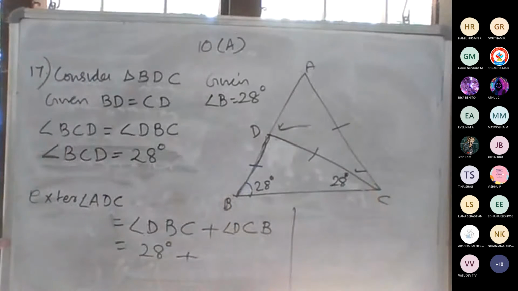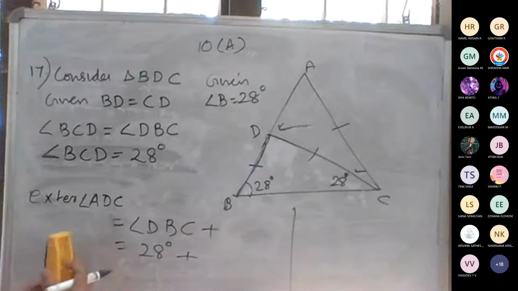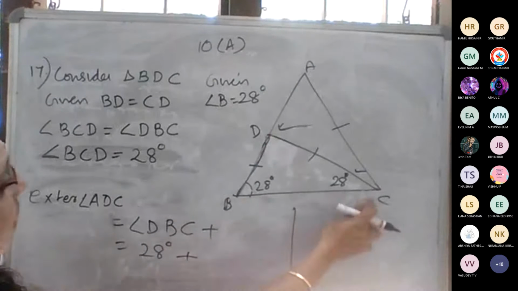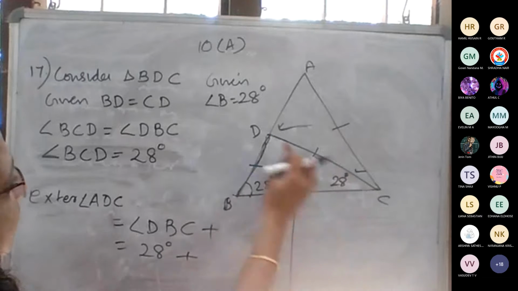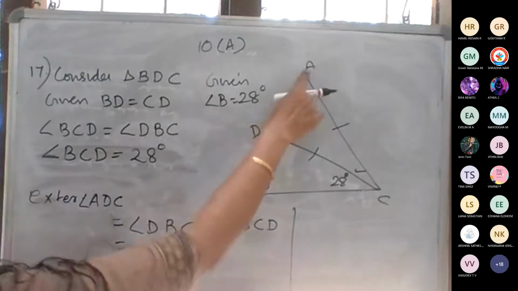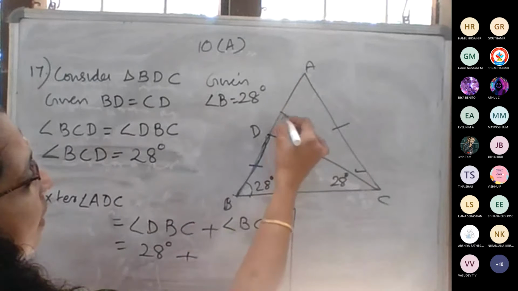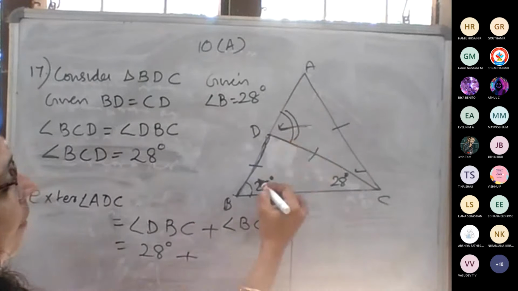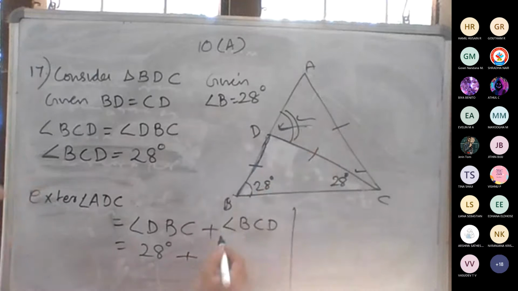Then tell me, exterior angle is equal to DBC plus angle BCD. Exterior angle ADC will be the sum of the opposite interior angles.